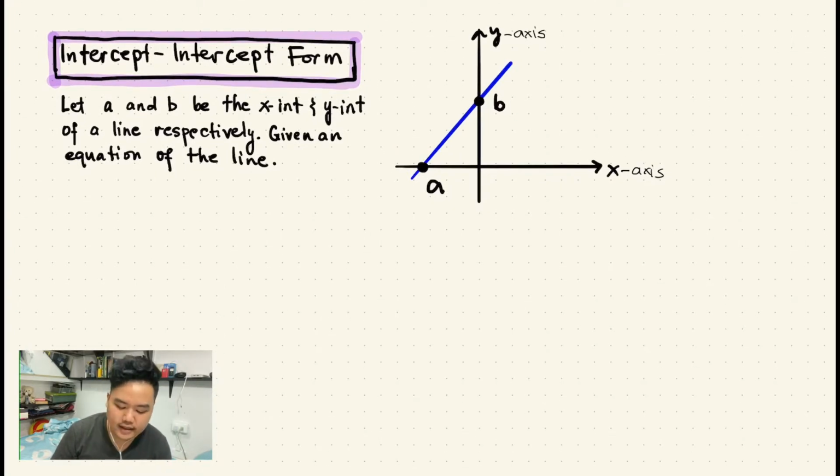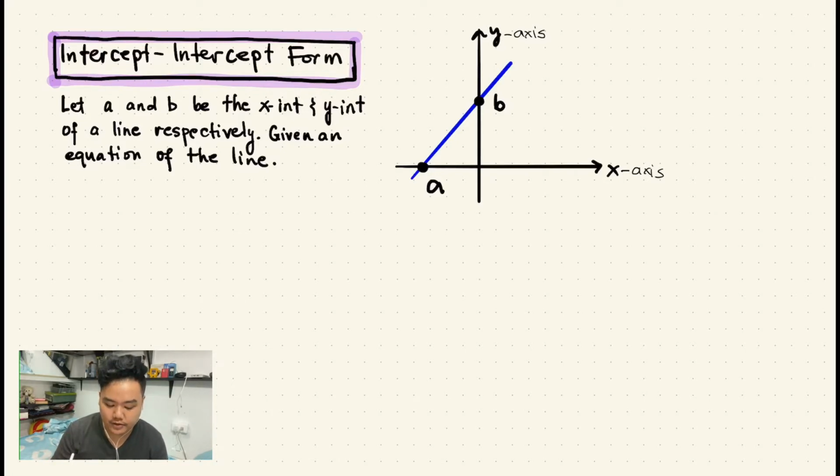So ngayon, interesting yung gagawin natin kasi actually nakapagsagot na tayo ng specific example nito sa previous lesson natin, pero gagawin natin general. Let's say, this is our line na nakalapat sa xy axis and your line has x-intercept a and y-intercept b. Ibig sabihin ulit ng x-intercept kung saan tumatama yung graph sa x-axis, y-intercept naman kung saan tumatama yung graph sa y-axis.